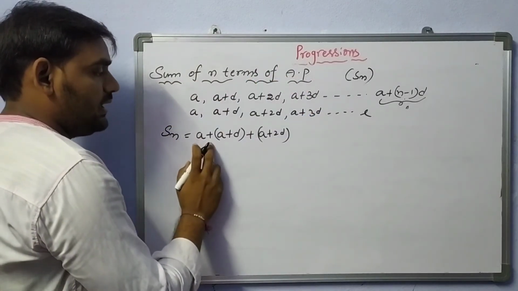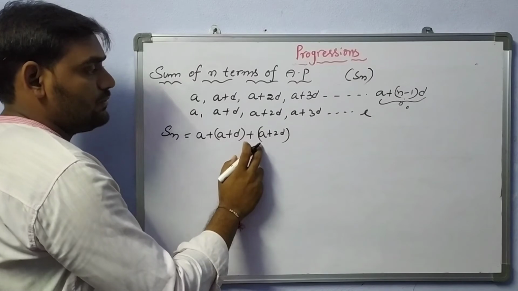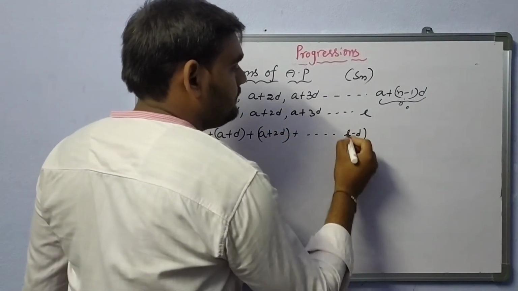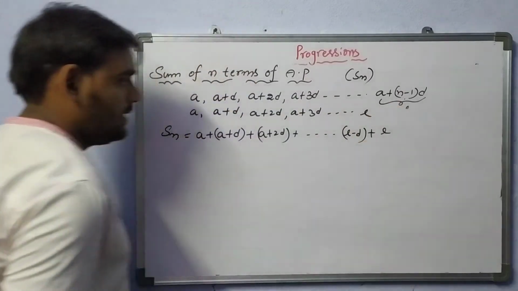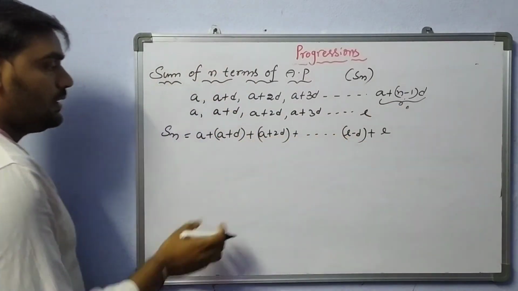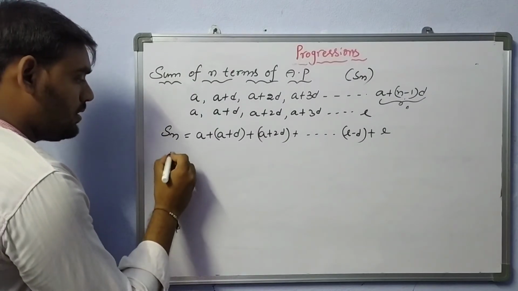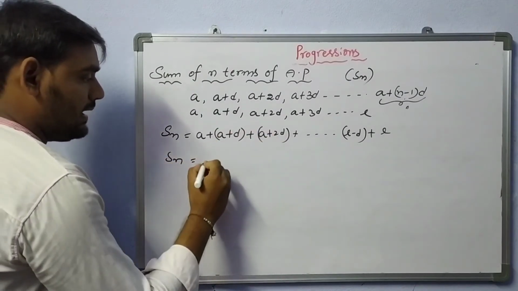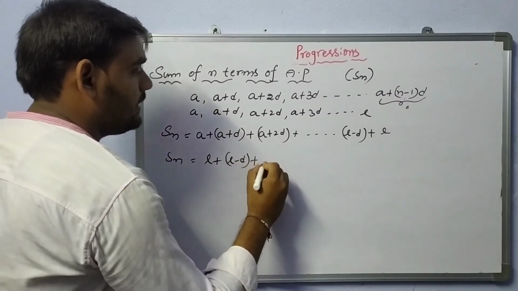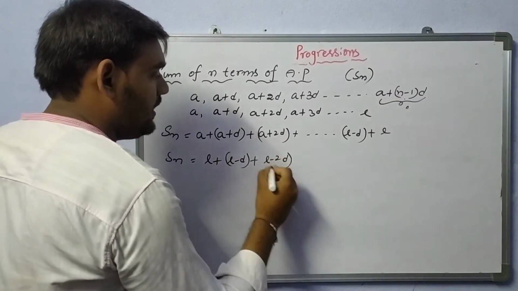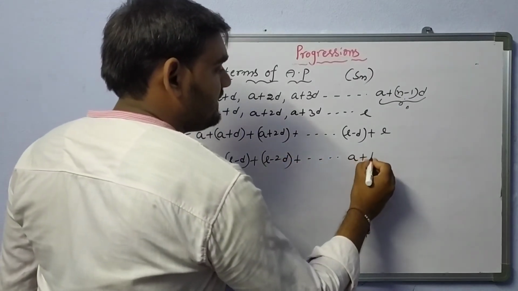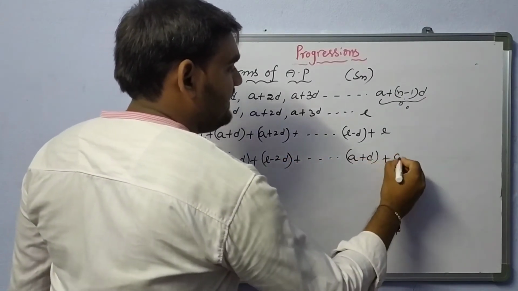Sn is equal to a plus d plus a plus 2d plus and so on, L minus d plus L. Next, reverse the sum of n terms as L plus L minus d plus L minus 2d plus and so on, a plus d plus a.